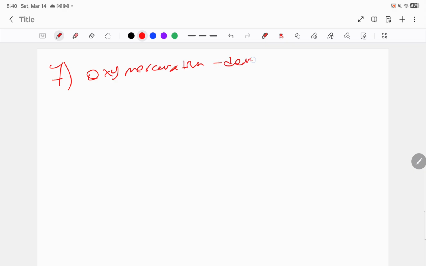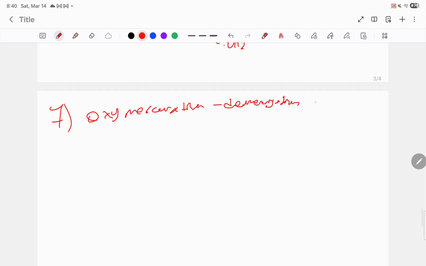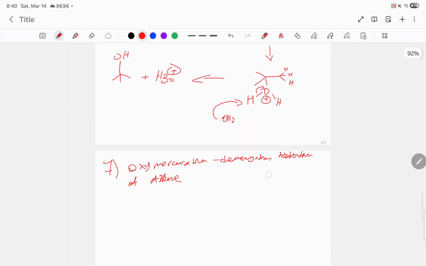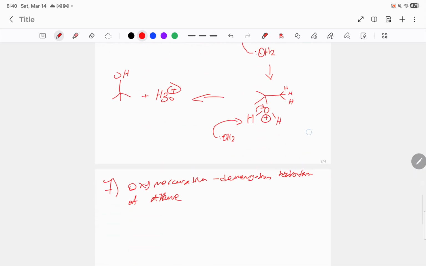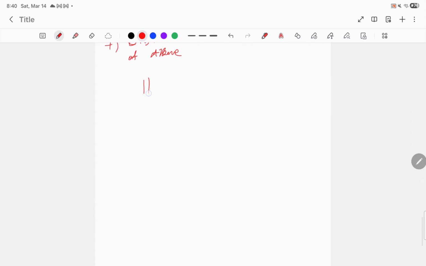Oxymercuration, demercuration, hydration of alkene. This gives me that exact same product. Okay, so again, don't believe me? It gives me the exact same. So let's start off with this again, and I will tell you what the reaction consists of first.